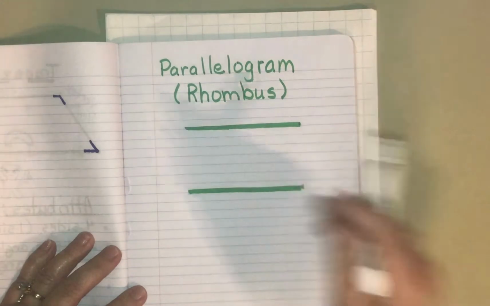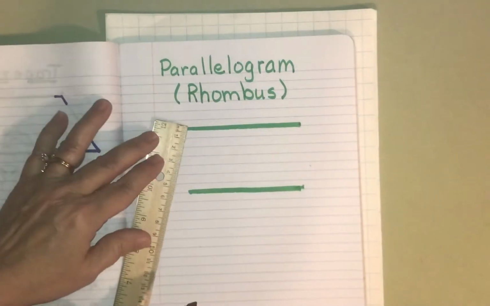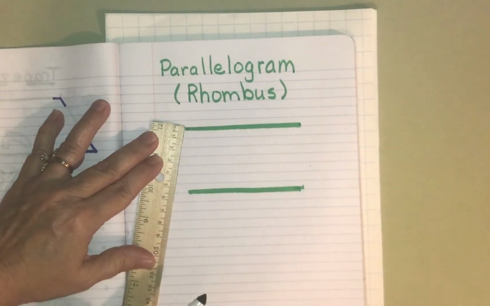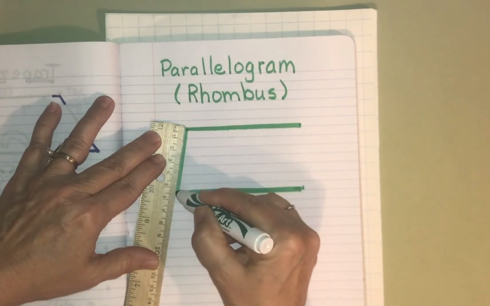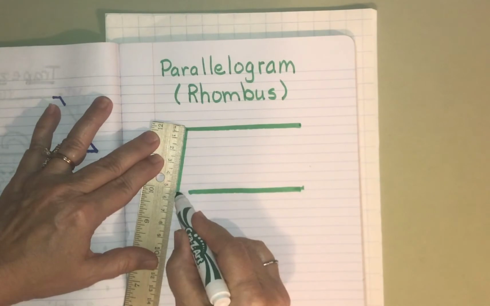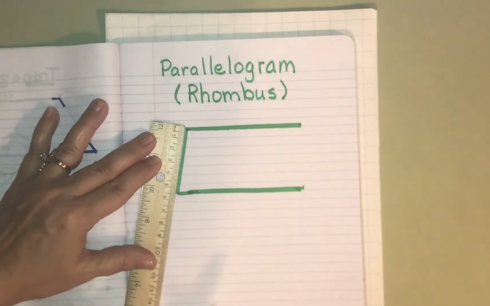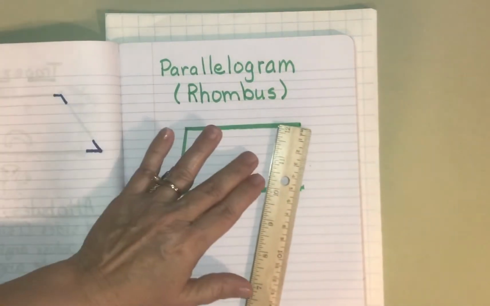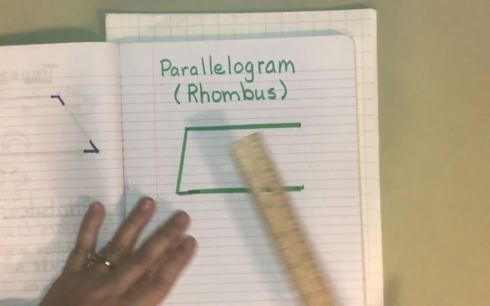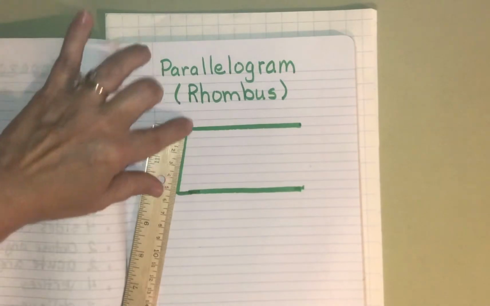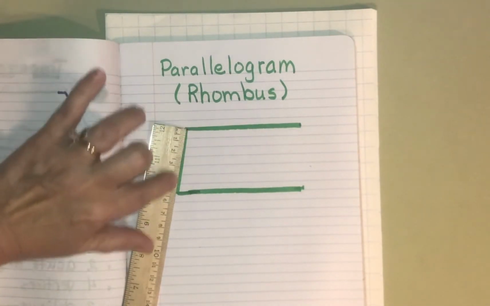So for this one, you might want to get your ruler to make it nice and straight. I'm going to go diagonal or oblique, which means now I have to draw that line a little bit bigger. And over here, I need to make it parallel. If I go the opposite direction, see this one is angled to the left here.